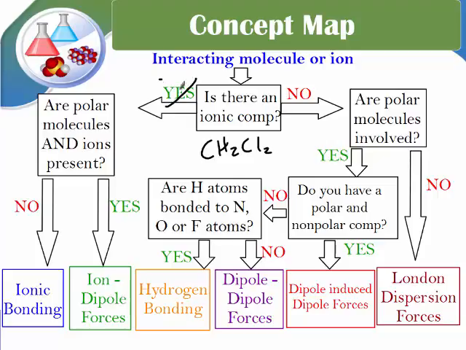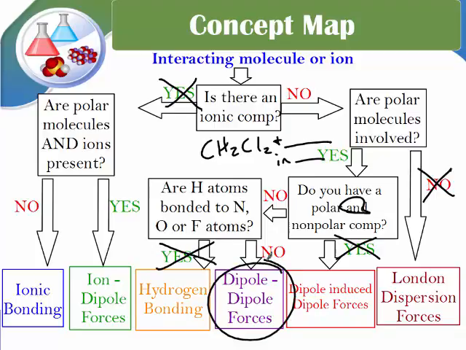No, because there's no metal. Do you have polar molecules involved? Yes. Do you have a polar molecule and a nonpolar compound? No. Because again, it's not and something or in something. There's just one compound. Do I have hydrogen attached to N, O, or F? Nope. Therefore, it's dipole-dipole.